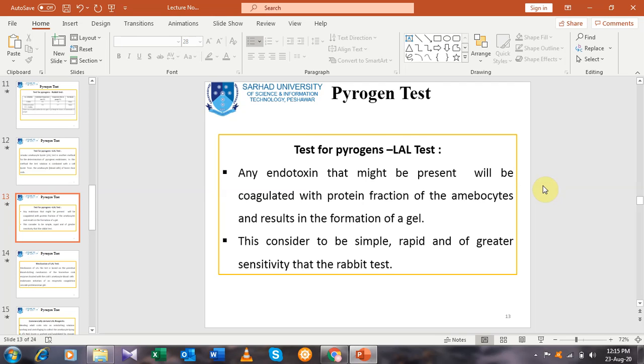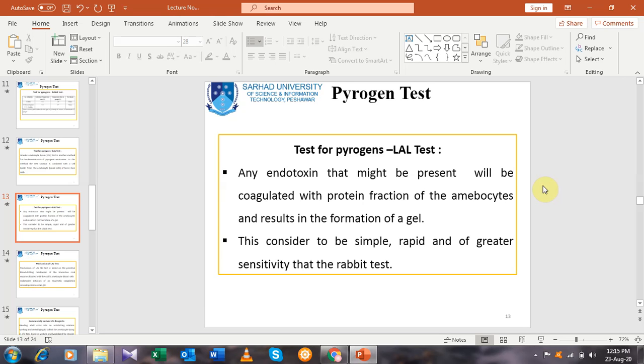If we combine the test sample with the amebocyte lysate, and if the product has endotoxin, then the endotoxin present in the product will be coagulated with the protein fraction of the amebocyte lysate solution, and finally a gel will appear.